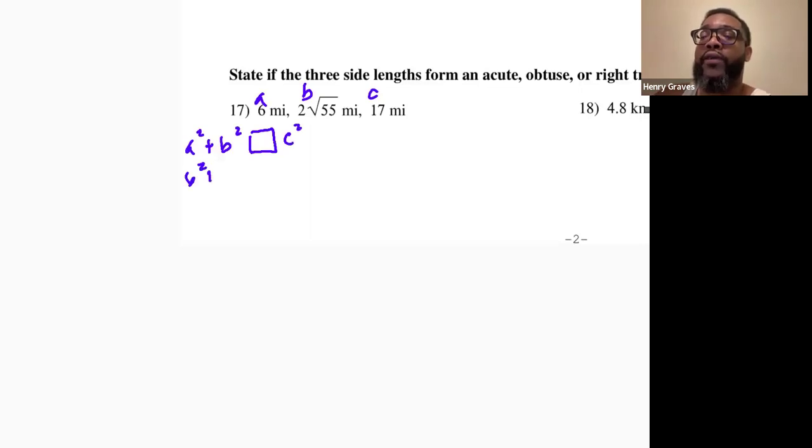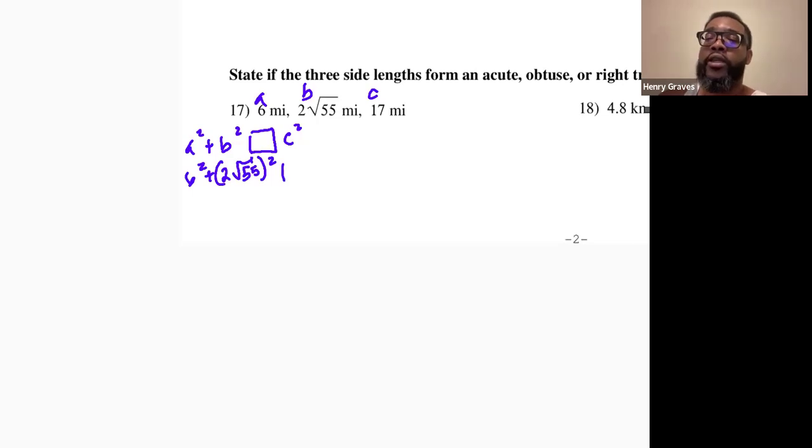So it's going to be ABC. So A squared plus B squared, blank space, C squared. I know A is 6 to the second power plus 2 root 55 squared, blank space, 17 squared.